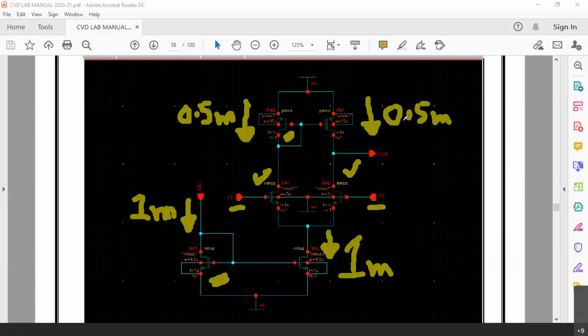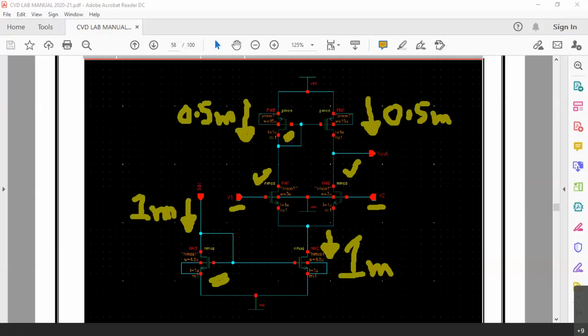Why? Because the two branches are identical and the two sources are connected here to the biasing transistor. So by fixing this current IDC, we are deciding what amount of current has to flow through the amplifying transistors also.